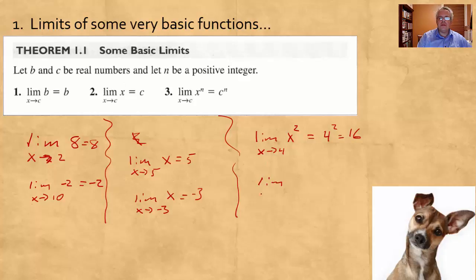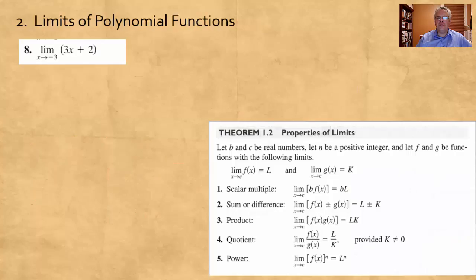And here's another example. Suppose we have the limit as x approaches 2 of x cubed would just be 2 to the 3rd power, which is 8. Okay, so here are 3 real basic functions, a constant, x, and x to a power that we already know how to take the limit of.